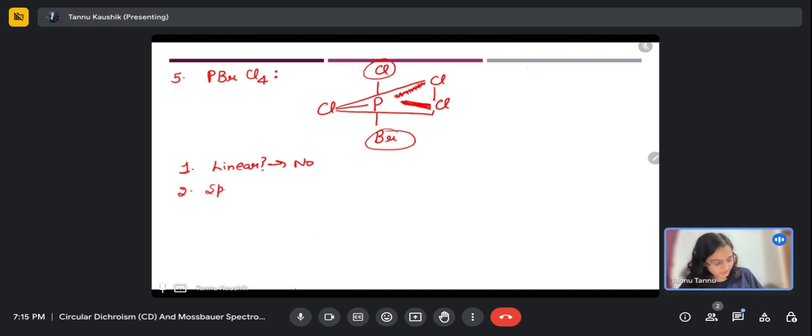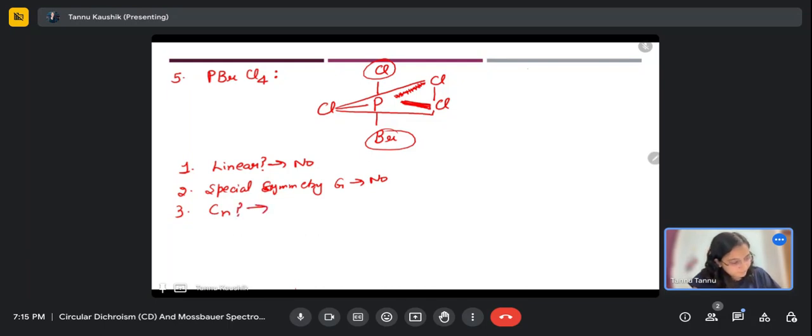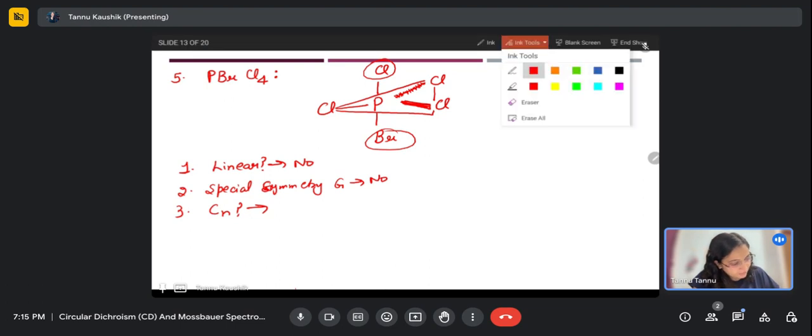So, special symmetry group, no. Then we have to find out whether the molecule has a rotational axis. So we will be finding the proper axis of rotation in the molecule.